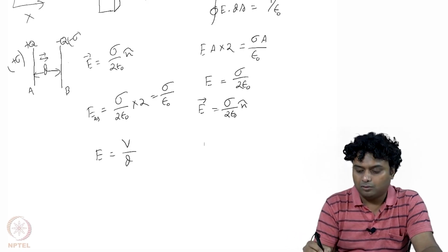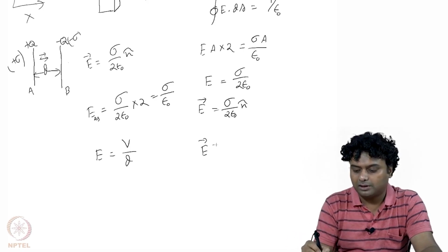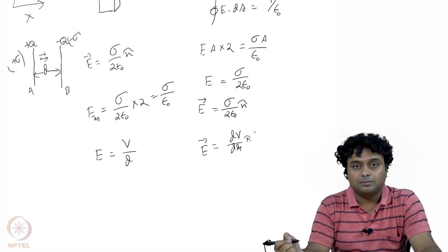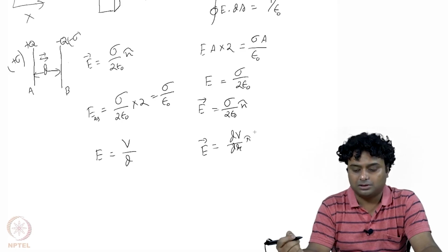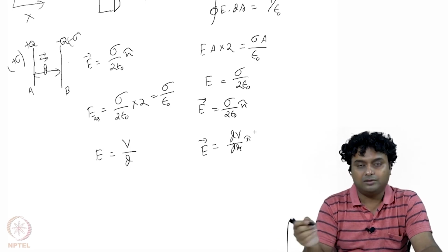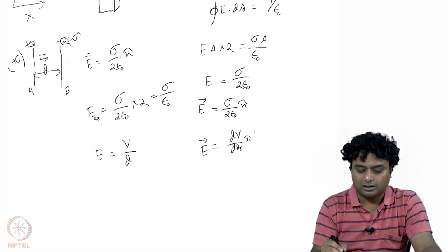Anyway, you know that any electric field we can write as E equals dV/dr, times some vector, let us say r cap. The first derivative of the potential with respect to the distance is the electric field, and here the electric field is uniform. So you can directly write that the electric field is equal to V by d.